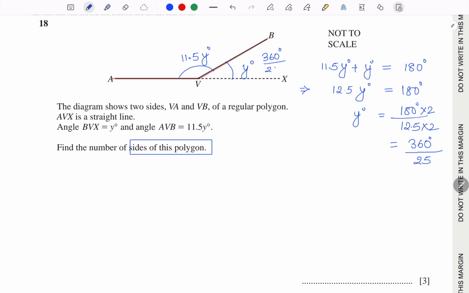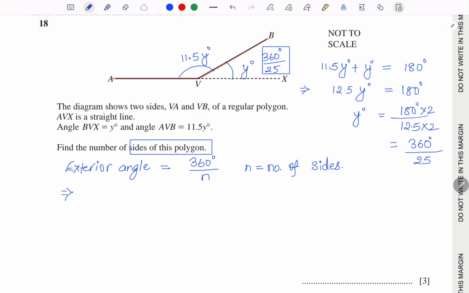So y is 360 degrees divided by 25. We know that the exterior angle of a polygon is given by 360 degrees divided by n, where n is the number of sides. This is the formula.